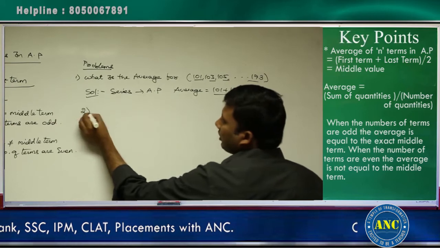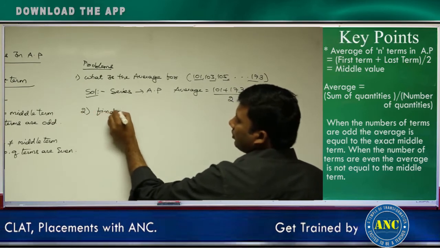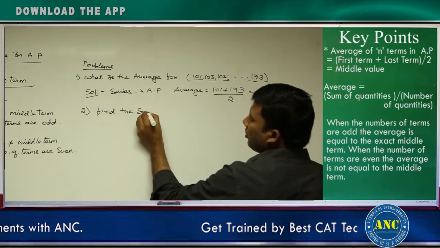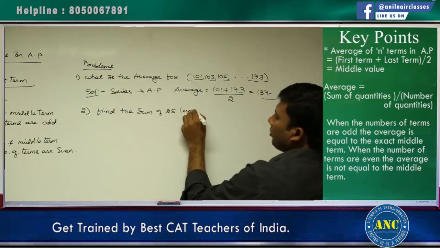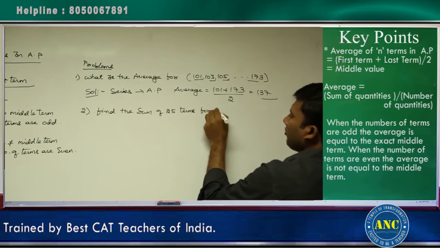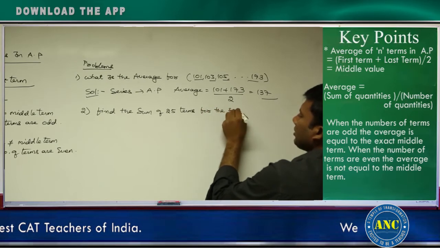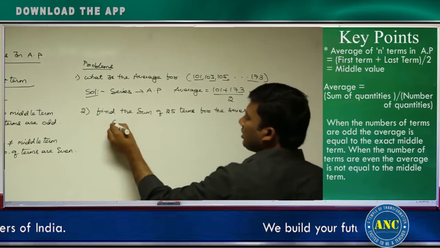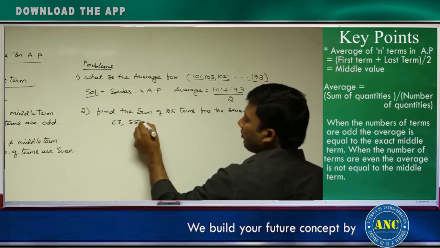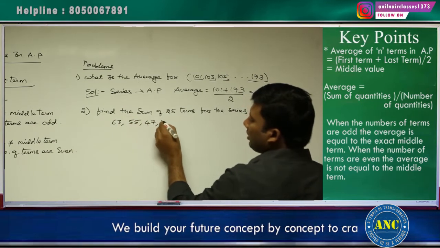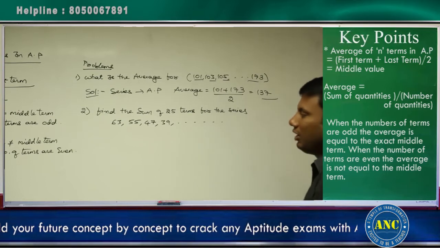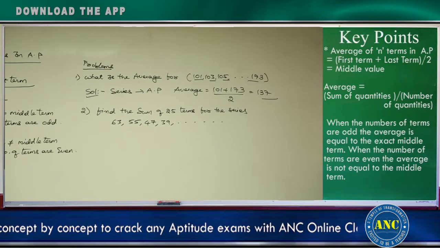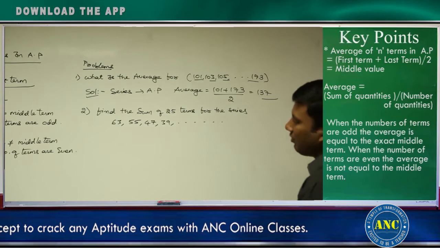Find the sum of 25 terms for the series 63, 55, 47, 39 and so on. Listen carefully here.